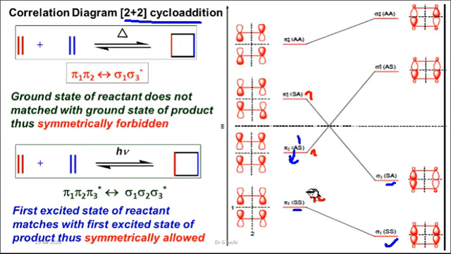We have this reactant side, where the first excited state of the reactant is matching with the first excited state of the product. It means pi 1, pi 2 and pi 3 star are matching with sigma 1, sigma 2 and sigma 3 star. Therefore, this 2+2 process under photochemical condition is symmetry allowed.